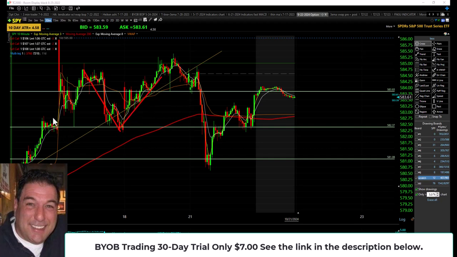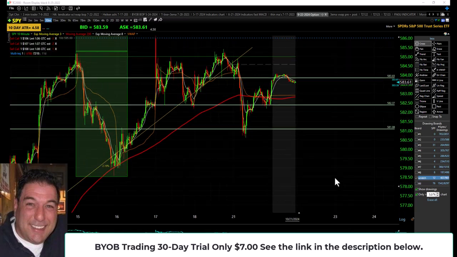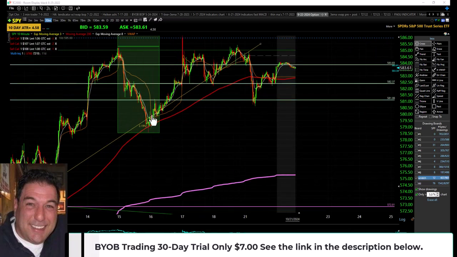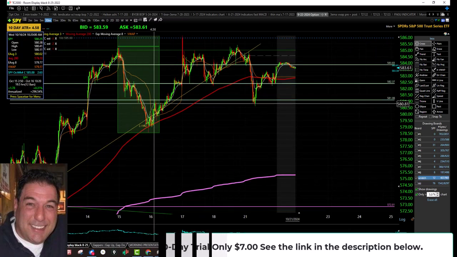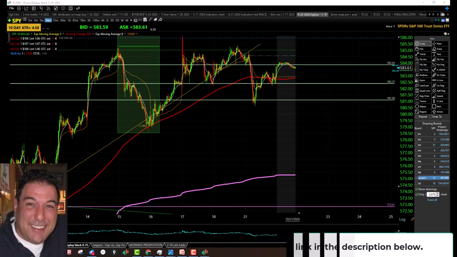I want to see multiple valleys. Here's one valley. There's another valley, okay? I want to see multiple valleys. And I also want to see multiple hills, okay? I want to see that as well. I want to see where price moves up. Okay, so here's price moving up.